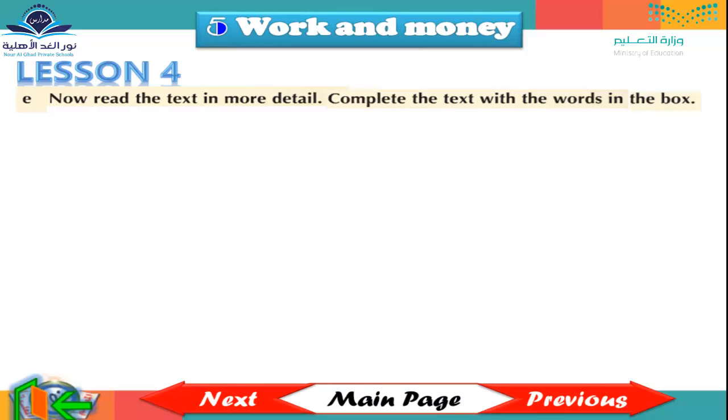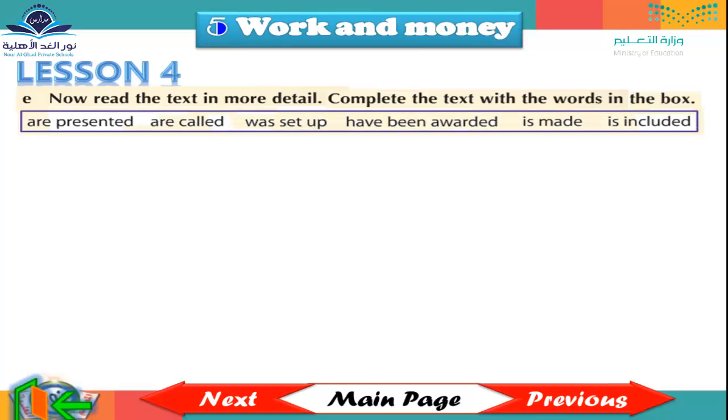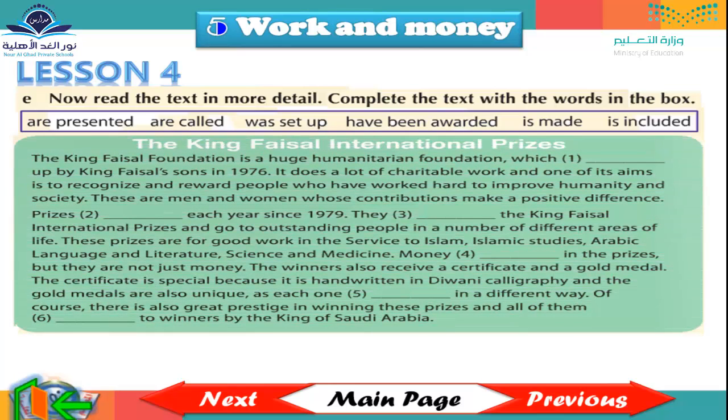Now, read the text in more detail. Complete the text with words in the box. The words that we will use are: presented, are called, was set up, have been awarded, is made, is included. Here is the text.